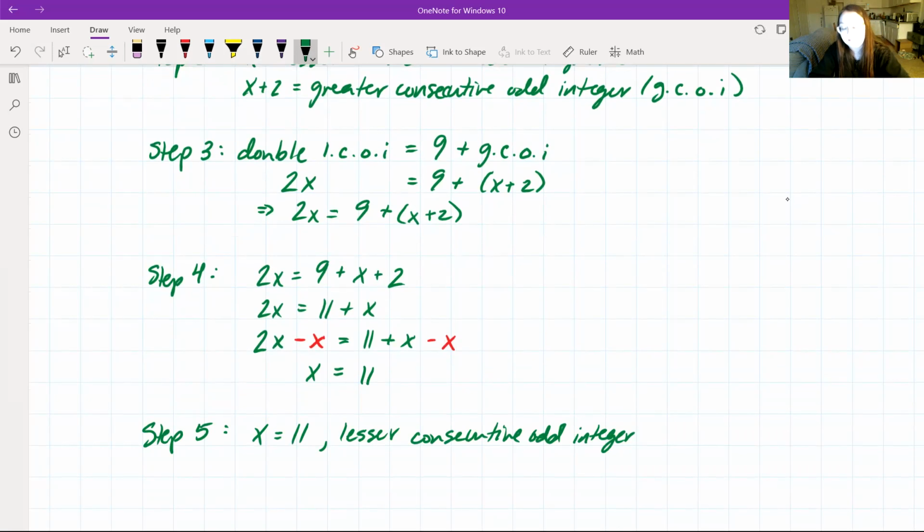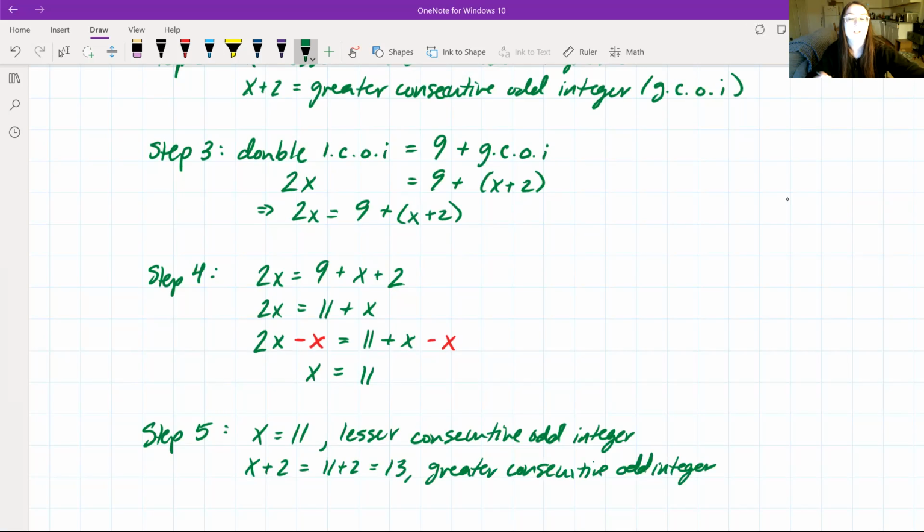So if x is 11, then x plus 2 is going to be 11 plus 2, which is 13, and this is our greater consecutive odd integer. So we found our values. We're saying our lesser consecutive odd integer is 11 and our greater consecutive odd integer is 13.